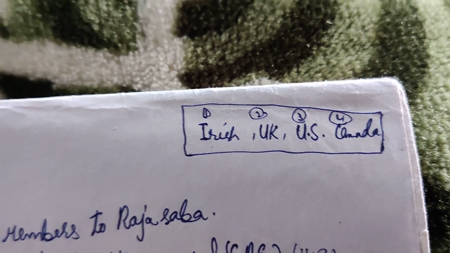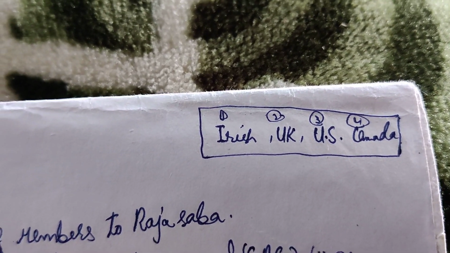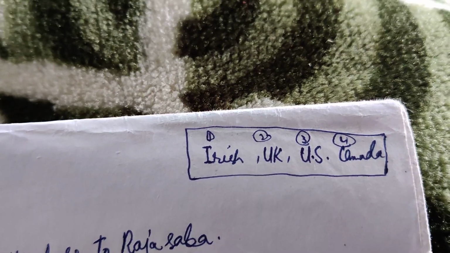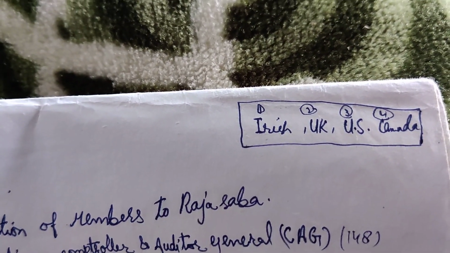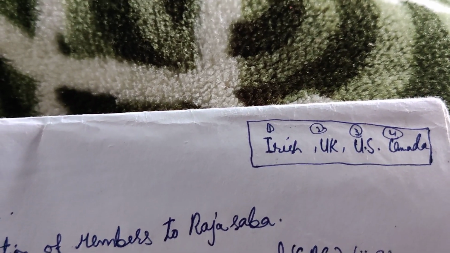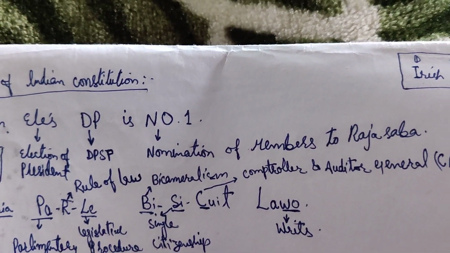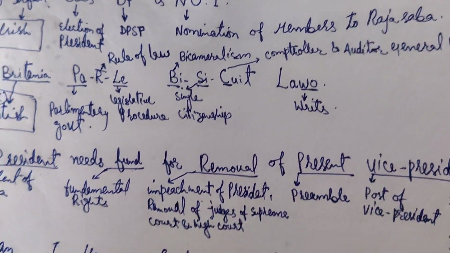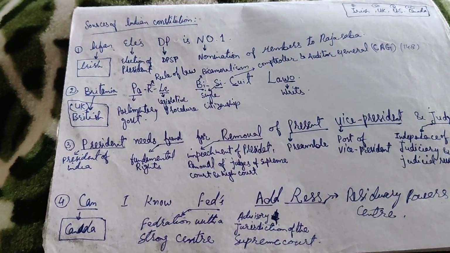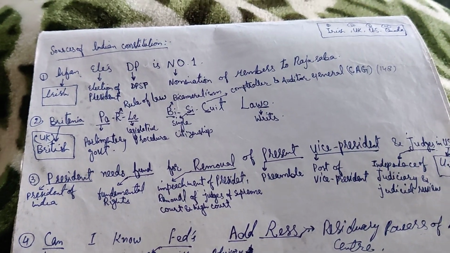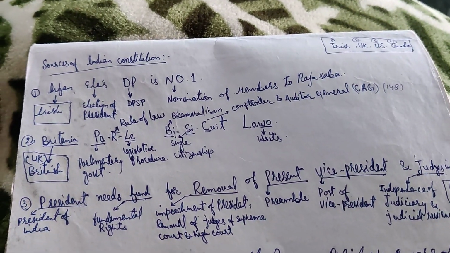These are the 4 countries from which we have taken many things of our constitution. And to remember these 4 countries, these tricks must be quite helpful for all of you, and to clear all the questions from sources of the constitution, this video must be very important.